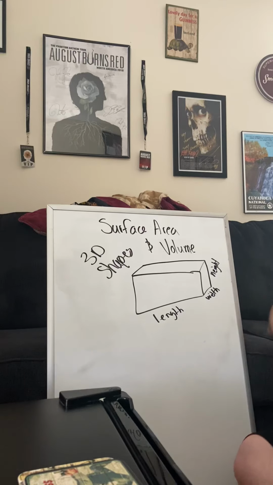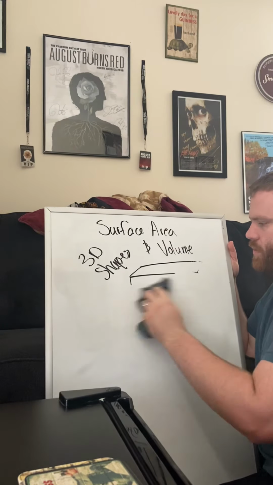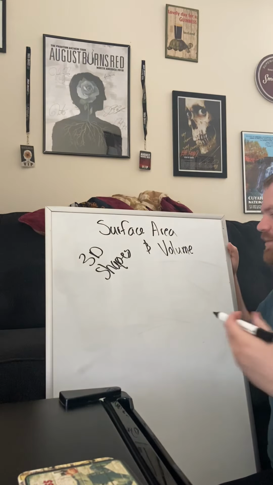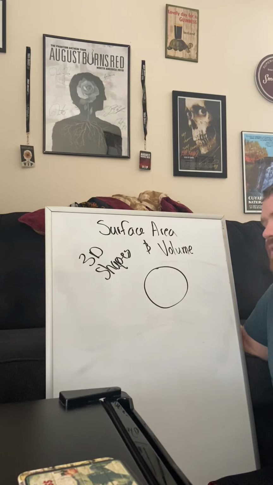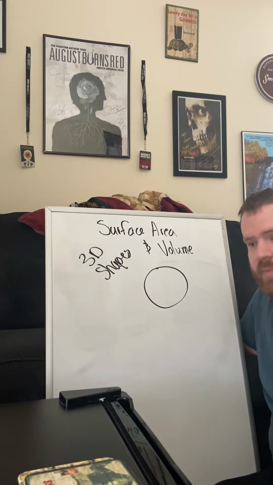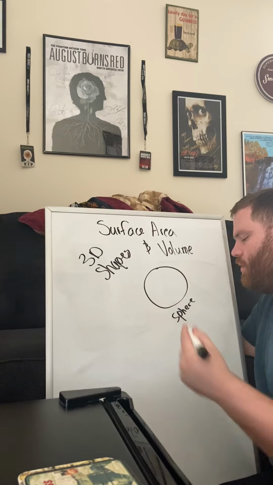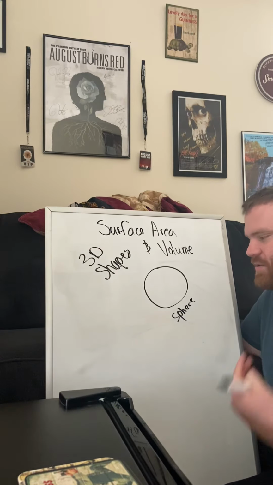Or we can talk about another one, such as, it's kind of hard to draw, but the 3D equivalent of a circle would be a sphere. A ball, a globe, a disco ball, I don't know. Anything that's circular can be a sphere.